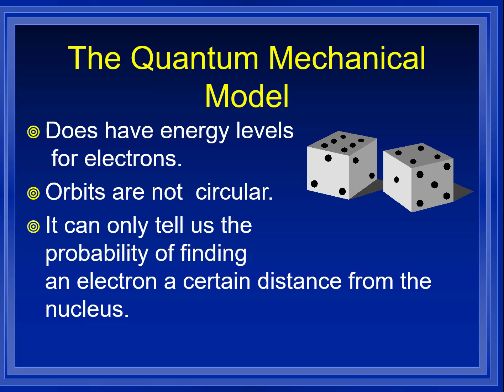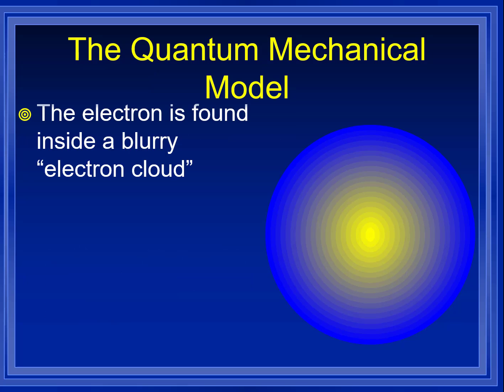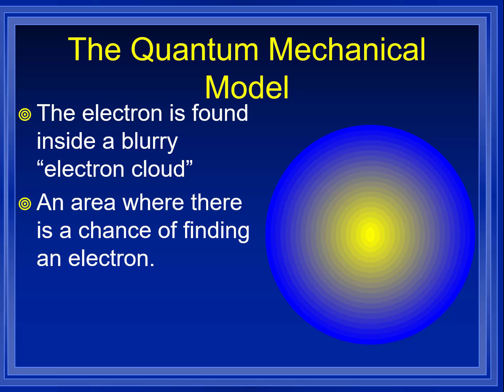Okay? So that's where we got this picture. The electrons inside that blurry electron cloud, where you have a chance of finding an electron. But here's the problem. If I tried to solve the math for an electron in an atom on the end of my nose, I could do the math, and the probability is not zero.